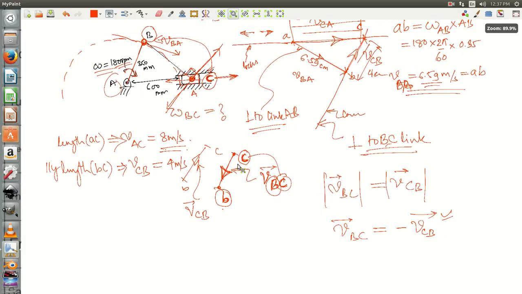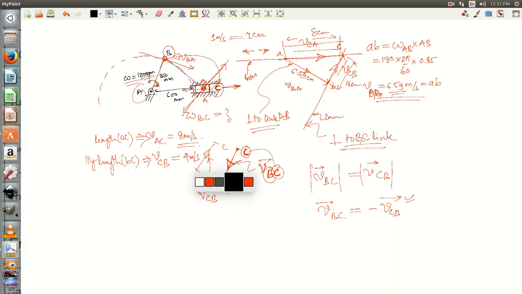Now one important point is the velocity of an intermediate point.